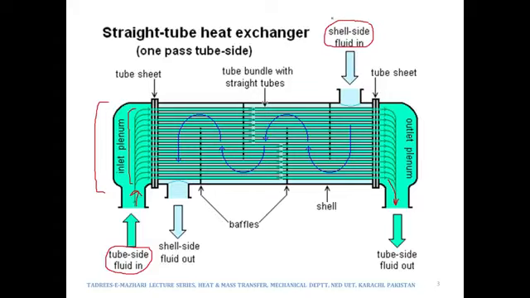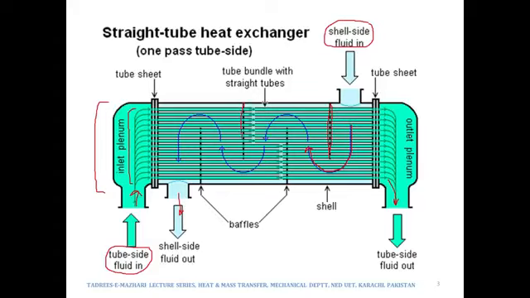However, the fluid which is outside the tubes, means shell side fluid, will come in and will come out in this particular direction. However, it will not simply come out from right to left, whereas we can see over here that this fluid is being directed in a particular direction with the help of what we call baffles.